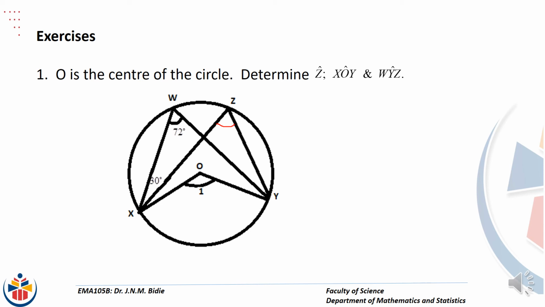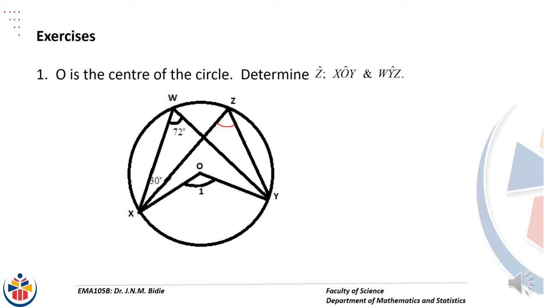So angle Z is 72 degrees. Also, O1 is twice the angle at the circumference, which is 72. So therefore, O1 is 144 degrees. That means we've already solved angle XOY, which is O1 in this case.